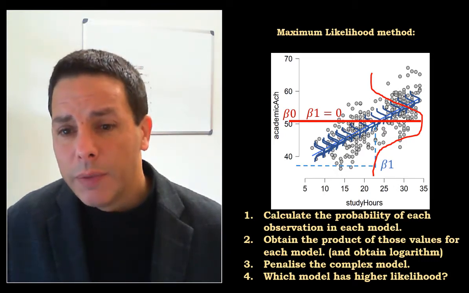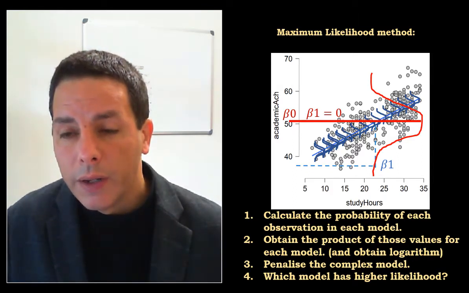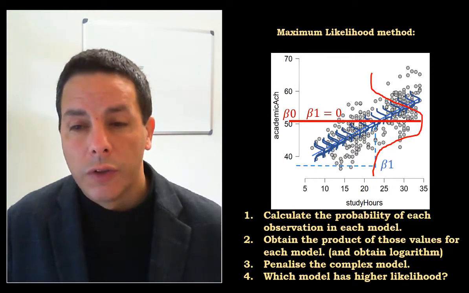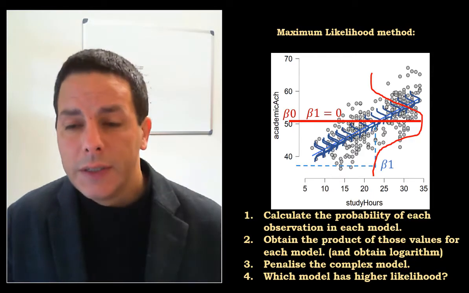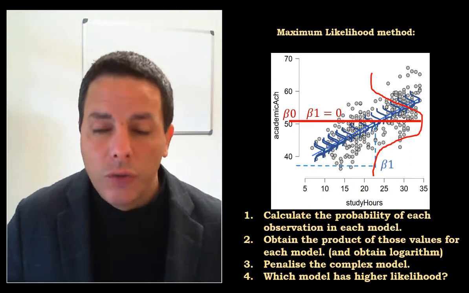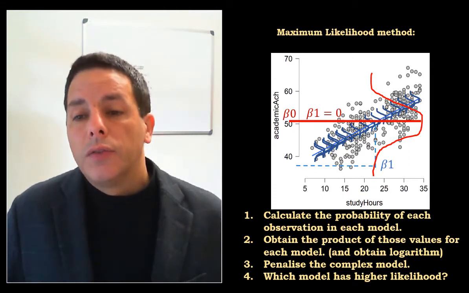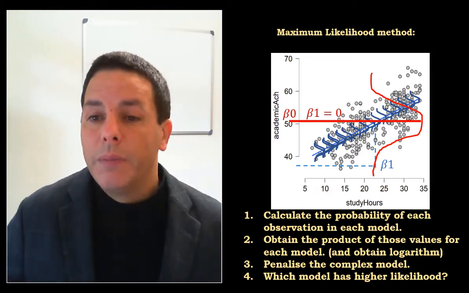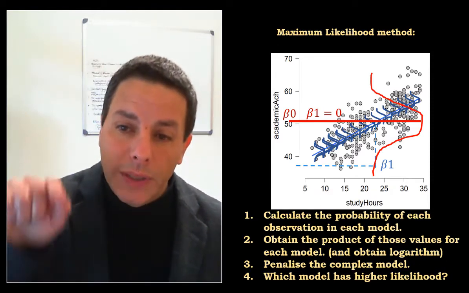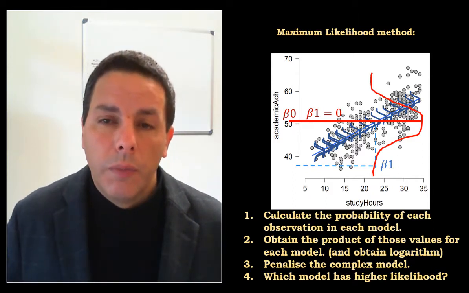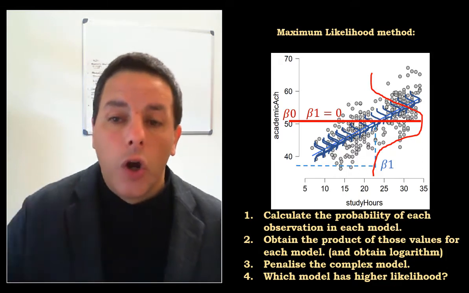The third step is to penalize the complex model. And why do we penalize? As I explained in the masterclass, we want to avoid overfitting, and we need to avoid that, because we can have a model with more parameters and our prediction will be better, but only the prediction of these data, the data that we use to make the curve.